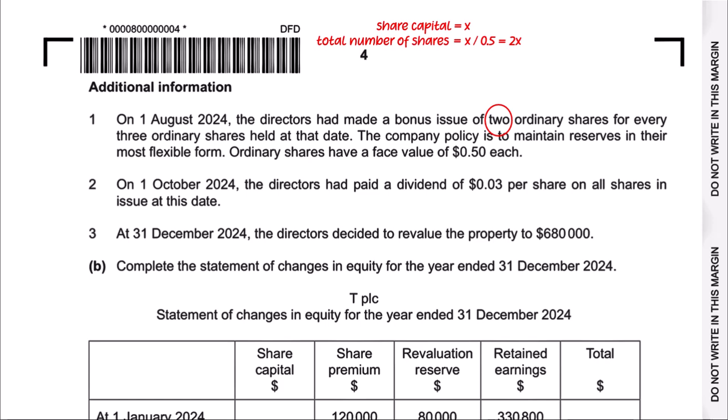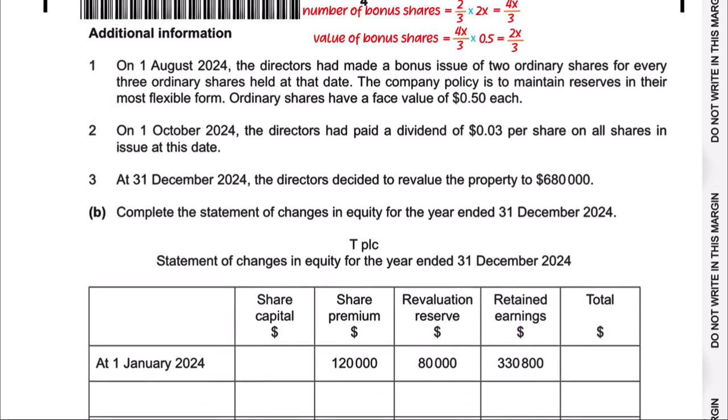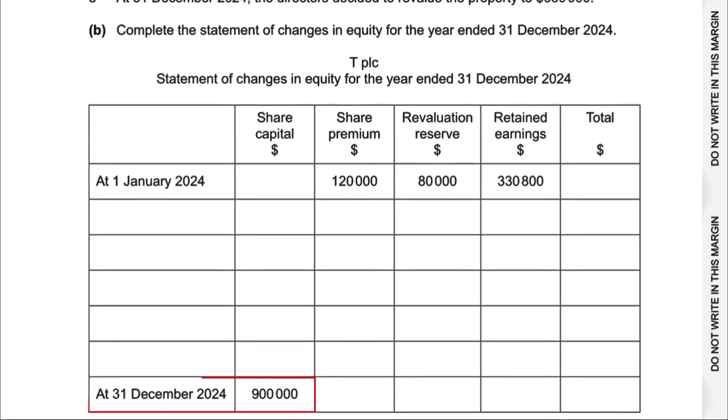The situation is like this. For every 3 ordinary shares held, 2 bonus shares are being issued. Multiplying this ratio by the existing number of shares gives us the number of bonus shares. If we multiply this by 0.5, we get the value of bonus shares issued. We are given that the share capital on December 31 is $900,000.